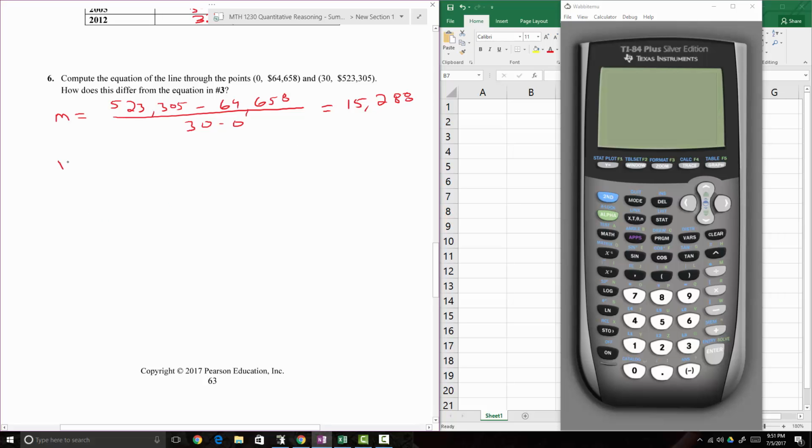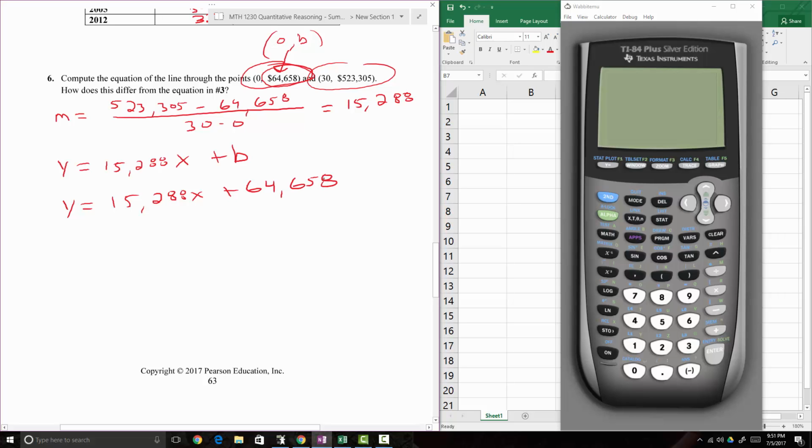So I get an equation y equals 15,288x plus b. I can plug in one of these points to find b, but this point is in the form (0, b), so this number is b. So my equation is y equals 15,288x plus 64,658.